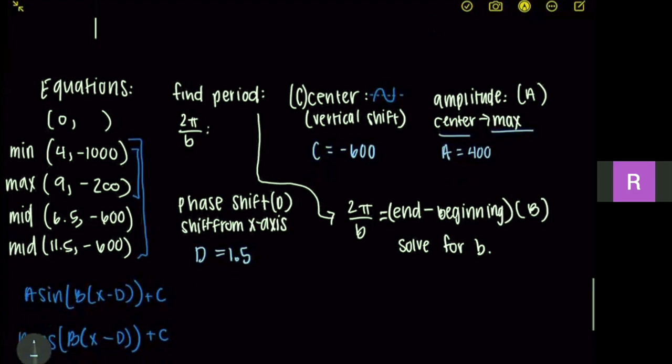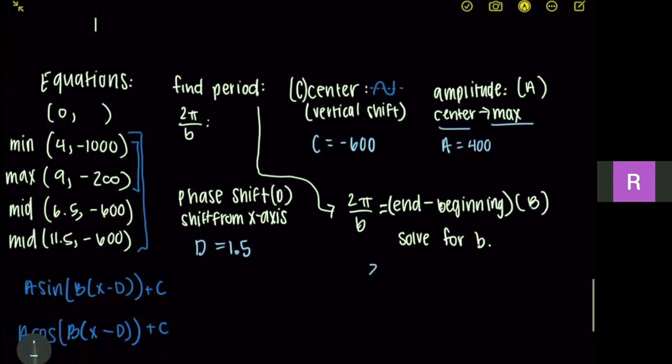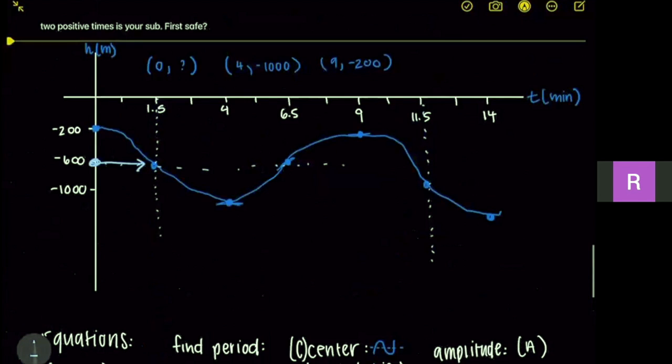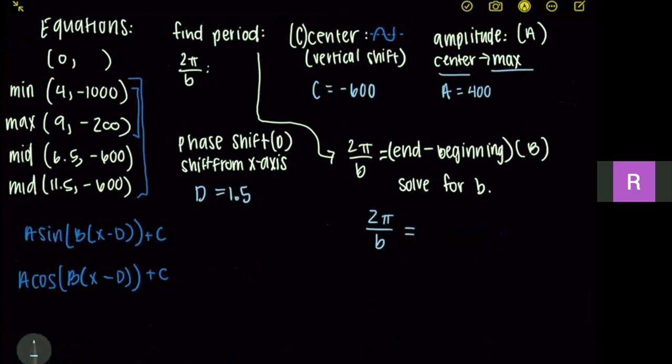Then we can find the period here, which is equal to 2 pi over b. So we're going to set this equal to the end of the period minus the beginning. Up here, we have the end of the period being 11.5 and the beginning of the period being 1.5. So if we do 11.5 minus 1.5, we're going to have 10.